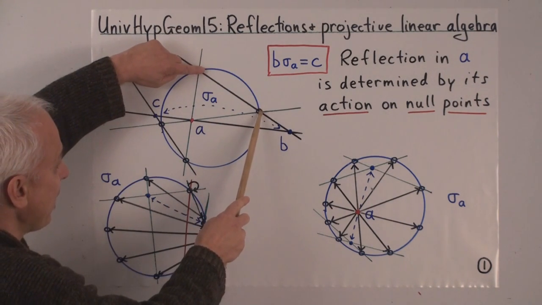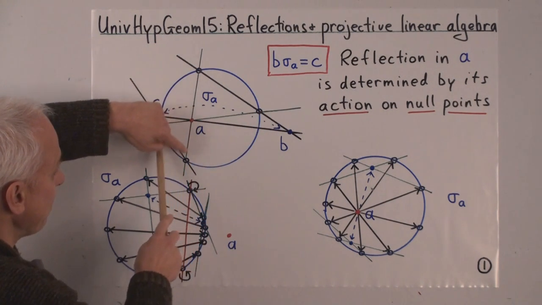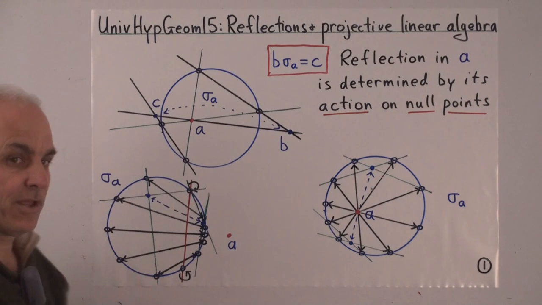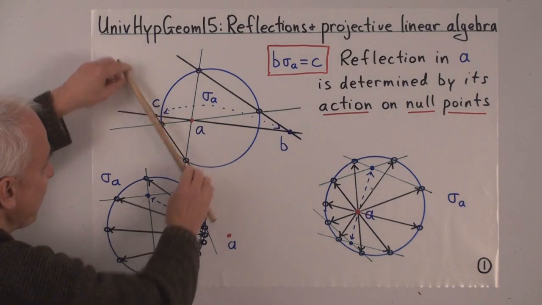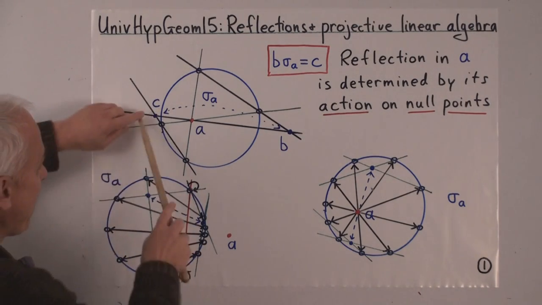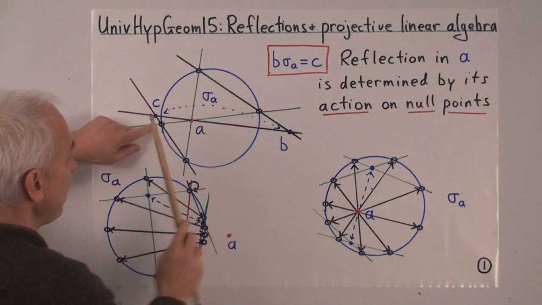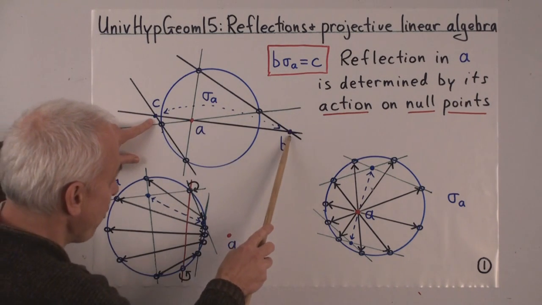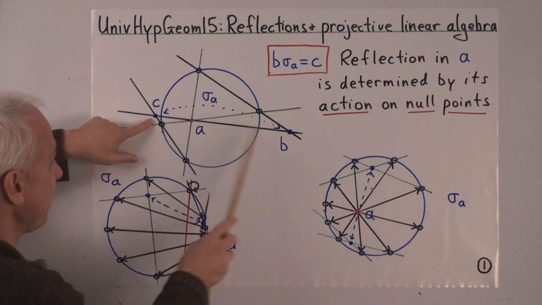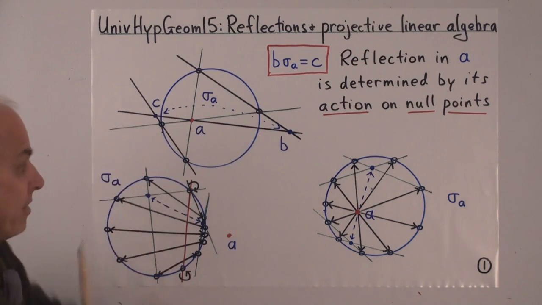And then we were going to draw the lines joining those 2 points and the point A and see where the other 2 points that those 2 lines meet the null circle are. Join them up, we get another line, and then that meets the line through A and B in the point C. So that's how we go from the point B to the point C. That's reflection in the point A.